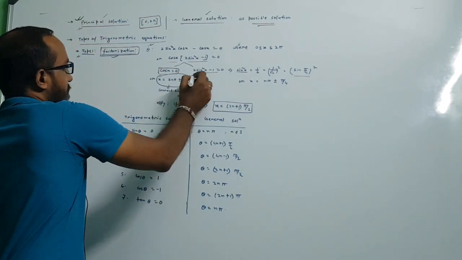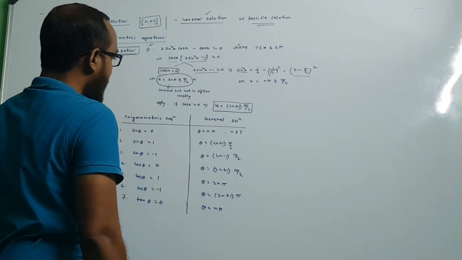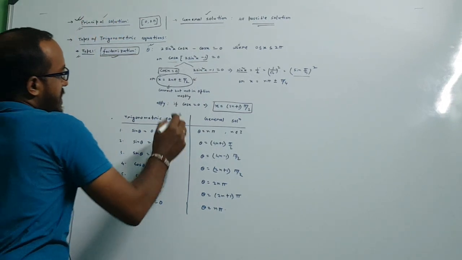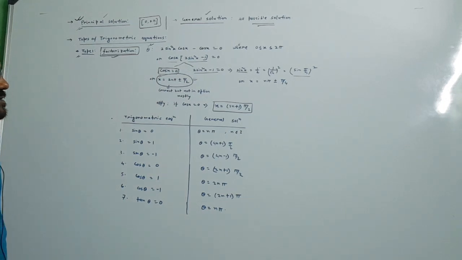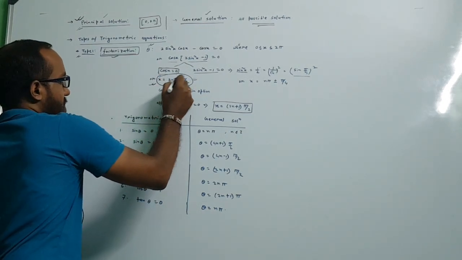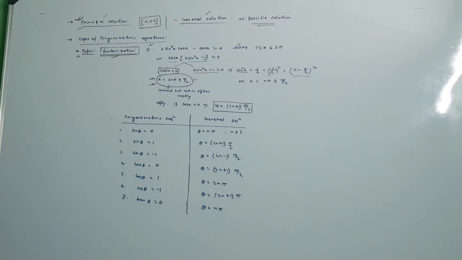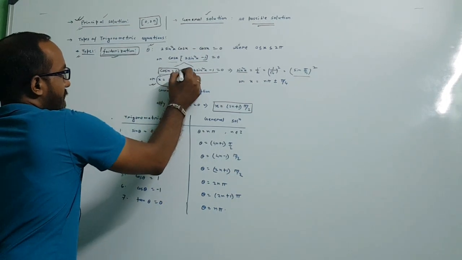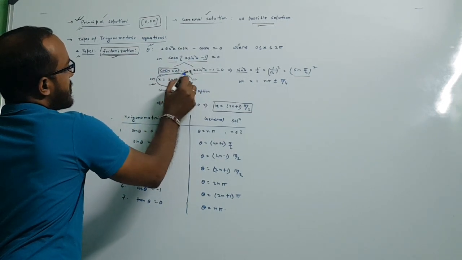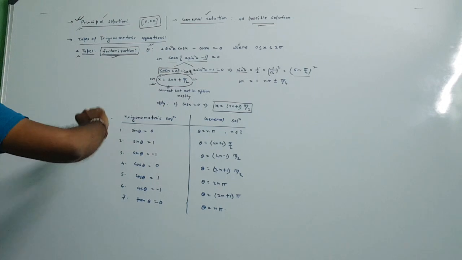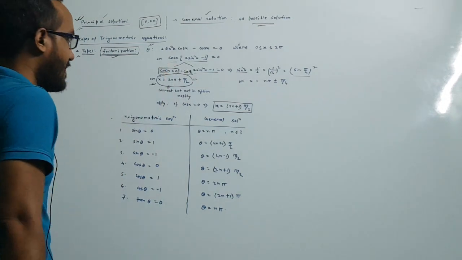But in the exam, in the options, you will not see this type of option. Though this is correct, x equals 2n pi plus minus alpha, you can write it as cos of pi by 2, right? Cos x equals cos alpha. So our general solution is x equals 2n pi plus minus alpha.